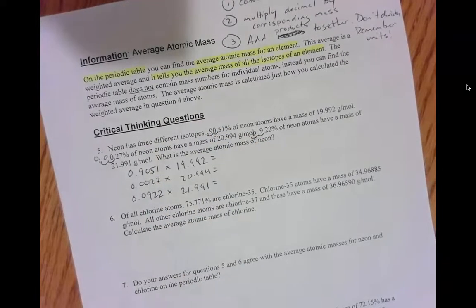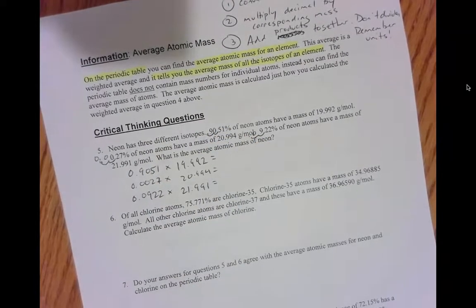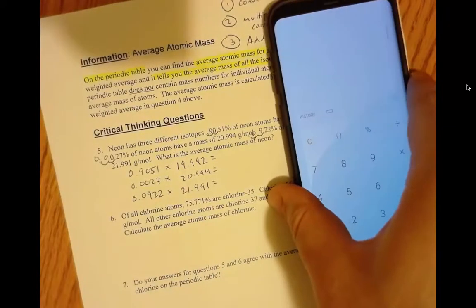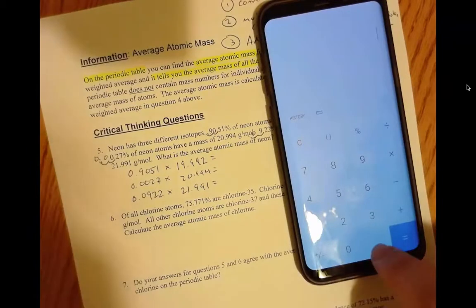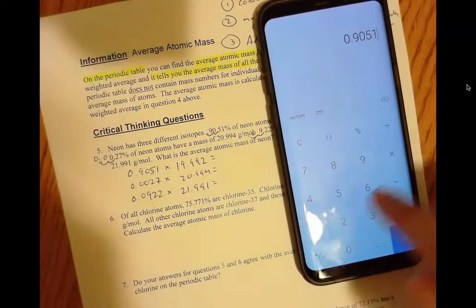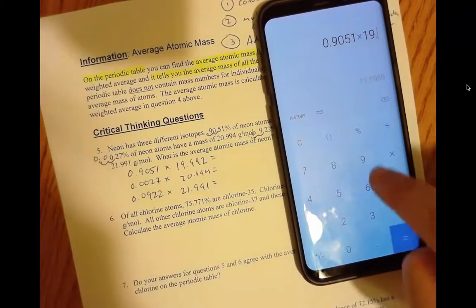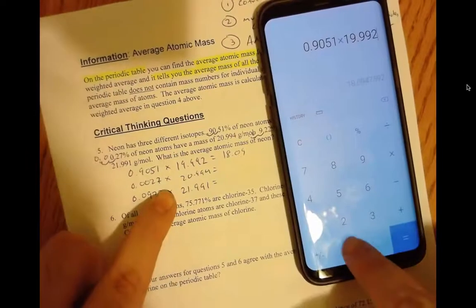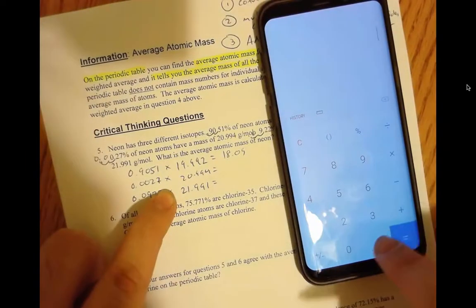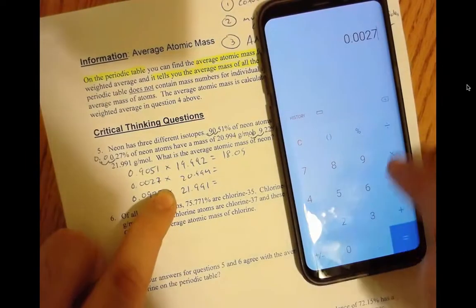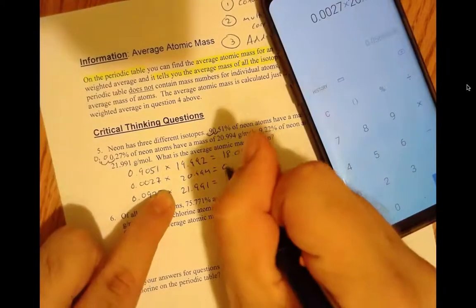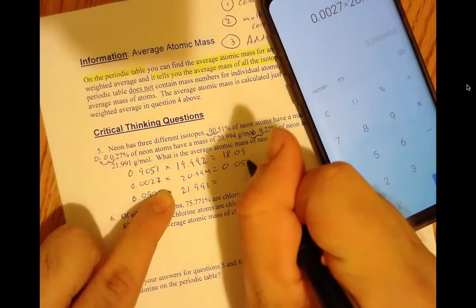So guys, I forgot to get these answers before, so really quickly, I'm just going to throw my calculator up here. 0.9051 times 19.992 is 18.09. The next one, 0.0027 times 20.994, comes out to 0.056.